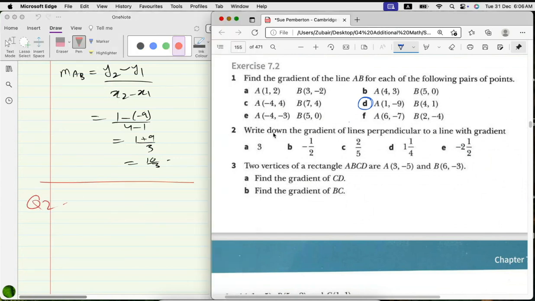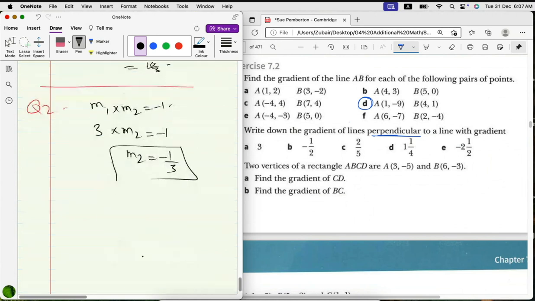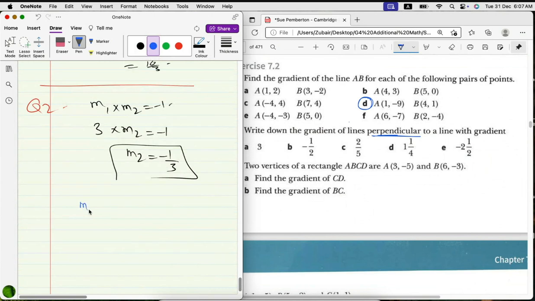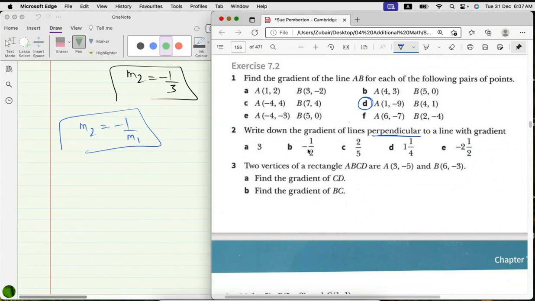Question number 2 says write down the gradient of the line perpendicular to the line. For now, we're doing it quickly, otherwise we would show the working. M1 into M2 is equal to minus 1. So the first gradient is 3. The second gradient would be negative 1 by 3. If I make M2 the subject of this formula, that is negative 1 over M1. So it's the negative reciprocal. If I look at this number, negative 1 by 2, I'll change the sign and reciprocate it.